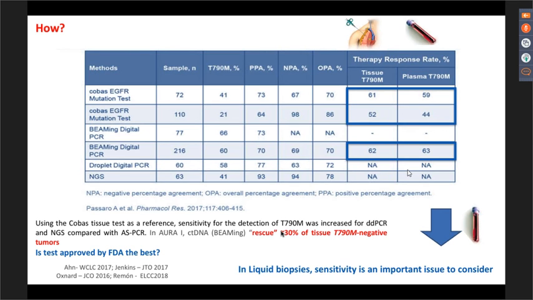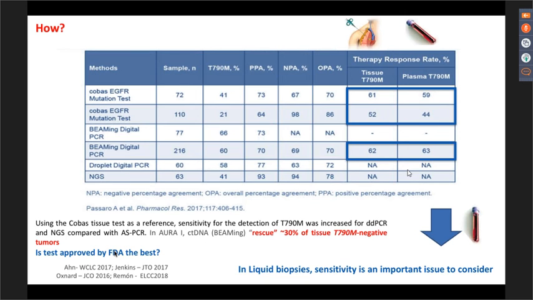Using the more sensitive techniques, they were considered positive. Then one of the tests that has been approved by the FDA was a technique based on real-time PCR, which is not one of the most sensitive tests that we already have on the market.